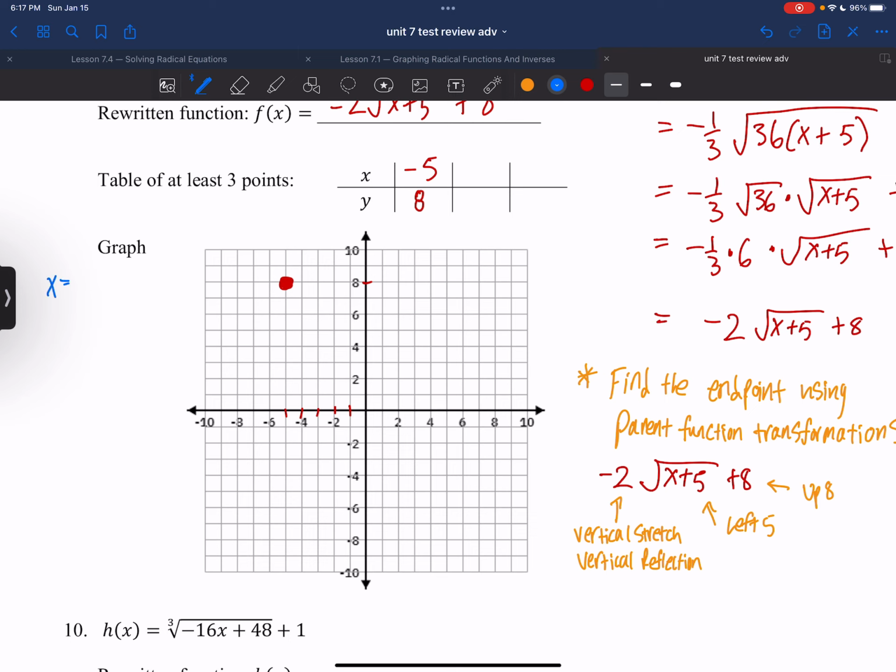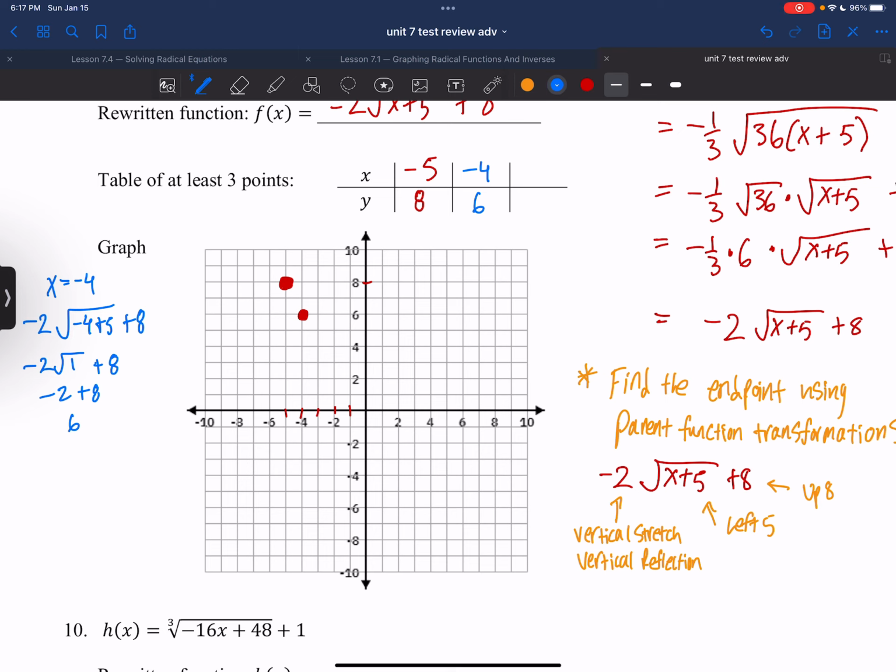Then this is -2 root of -4 plus 5, plus 8. That's -2 root 1 plus 8, which is just -2 plus 8, which is 6. So at -4, I have the point 6. So -4, 6 is right here.